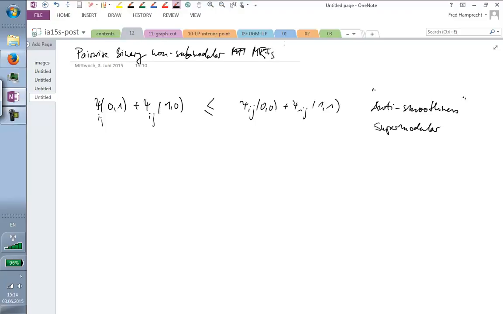And we are going to look at a method called roof dual relaxation in the field where it was invented, in econometrics, and in computer vision it's been called QPBO. And both will give us an approximate, or rather an incomplete solution, a partial solution.